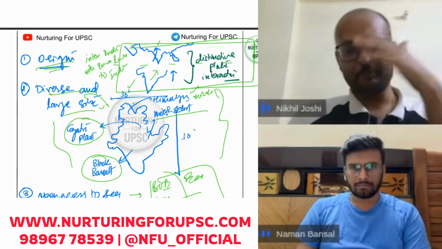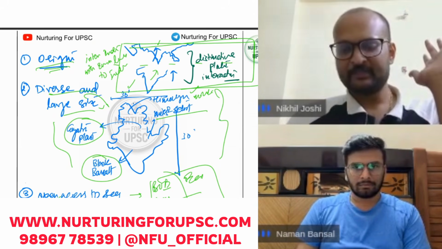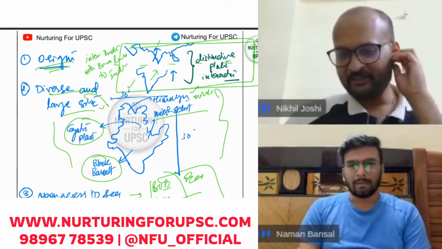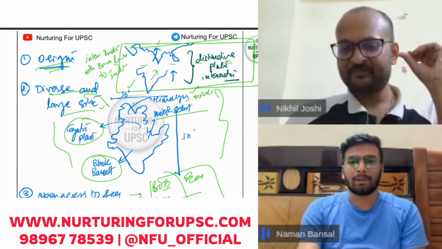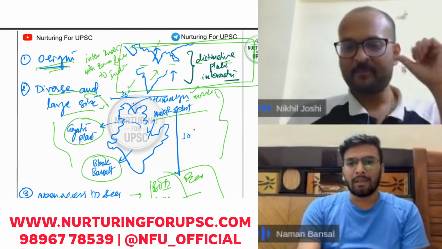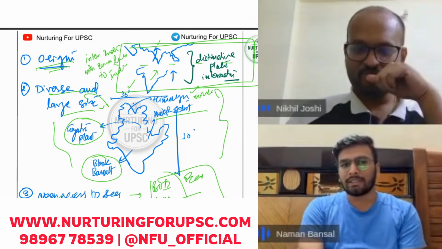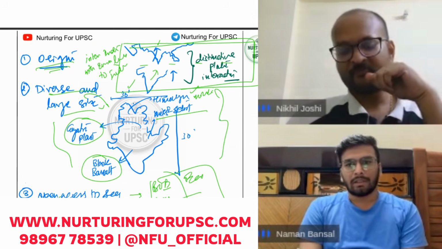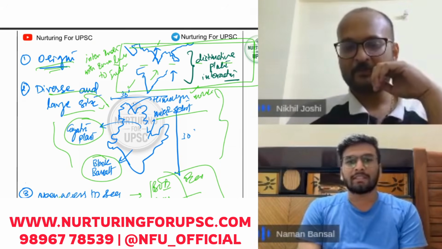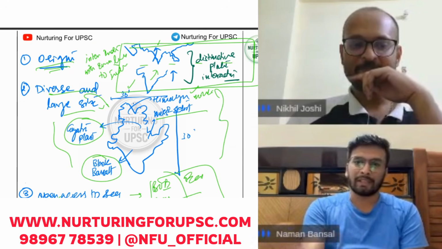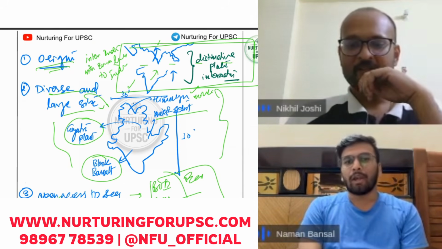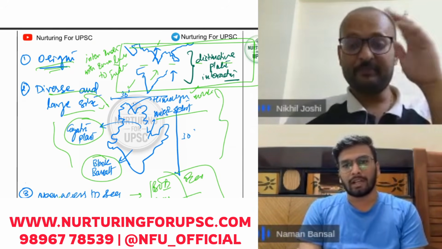Very good, very good. I was thinking that when I first saw this question, the only thing that came to my mind was that first I will write the geographical factors, then I will write the non-geographical factors, because it is a geography question. That's why I am separating it, writing the geographical factors as a separate heading. If it would have been a history question, I would write the historical arguments first.